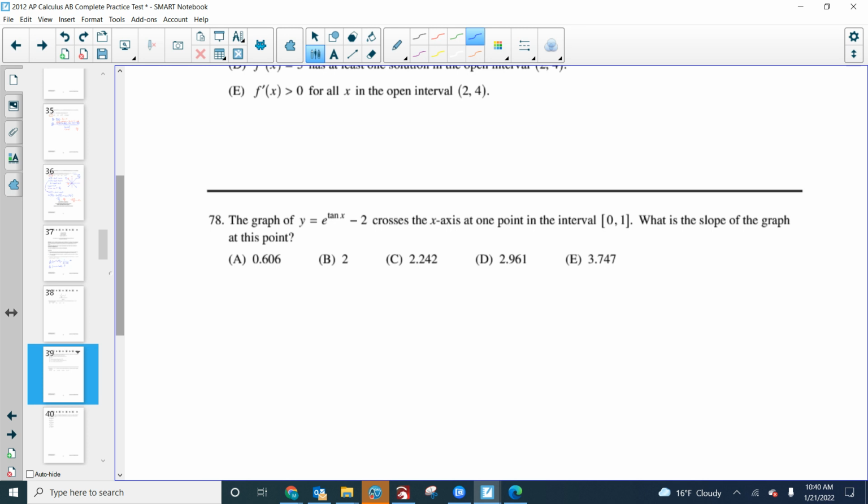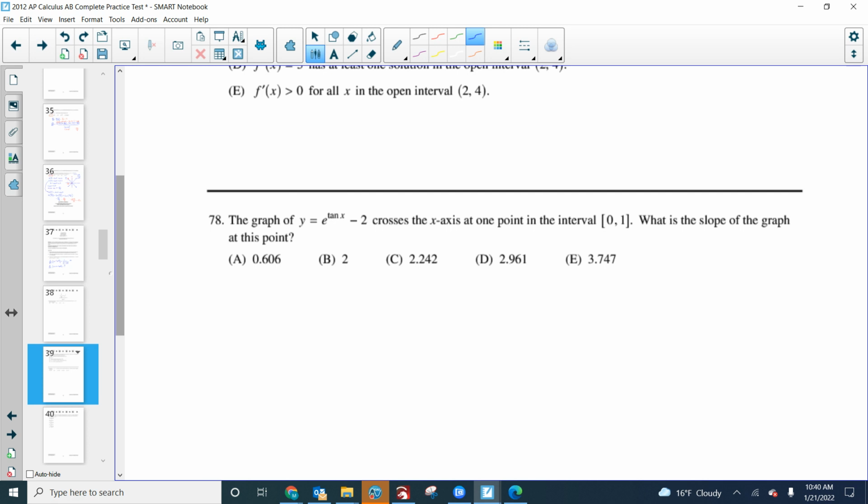Continue reading. What is the slope of the graph at this point? Plan: set y equal to 0, solve for x, take that x and plug it into the derivative. Can you interpret that? You guys okay with that? Find the slope at that point, the derivative at that x value.